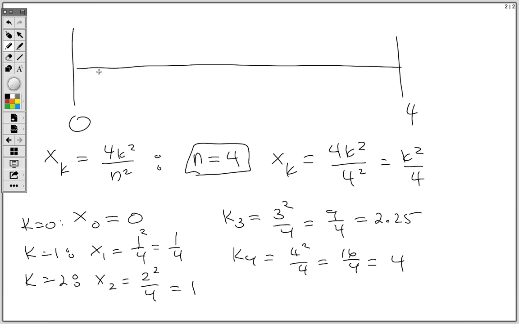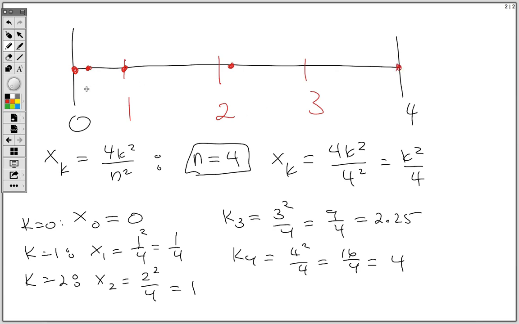All right? So I got 0. I'm going to try to do this as best I can. That would be 1, that would be 2, that would be 3. So instead of chopping it up into 4 equal pieces, like we've done before in a regular partition, we've got 0, and then we've got a quarter, and then we've got 1, and then 2 1/4, and then 4.